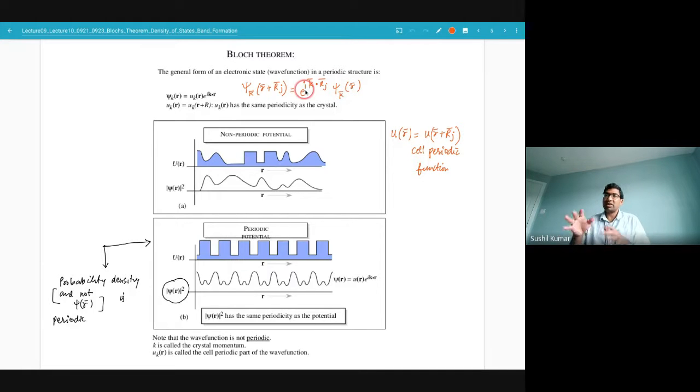So the value of the wave function at each lattice point differs, by an e to the ikR factor. I see. So wave functions do differ by a phase factor, not in magnitude. The magnitudes are the same.